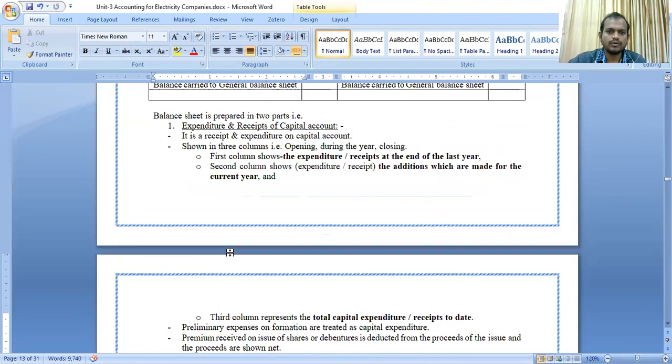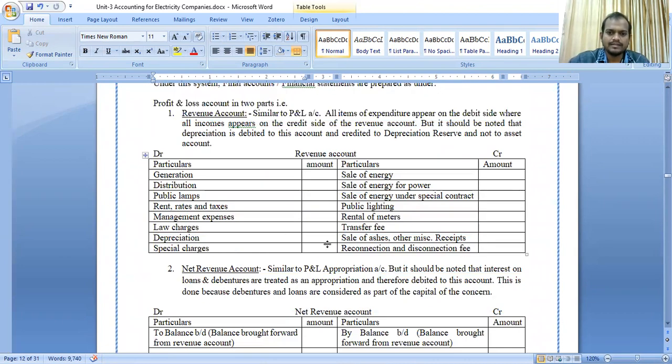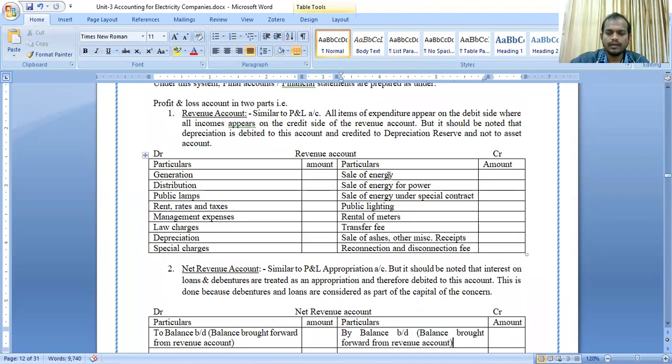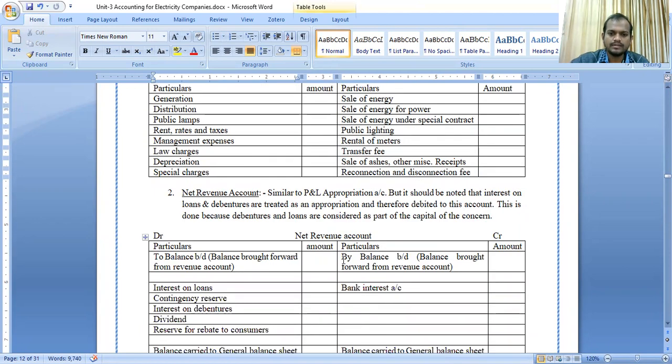Okay, so coming to the balances, the revenue account balance will be transferred to the net revenue account. Whatever the excess of receipts over expenditure will be the balance over here in the net revenue account.